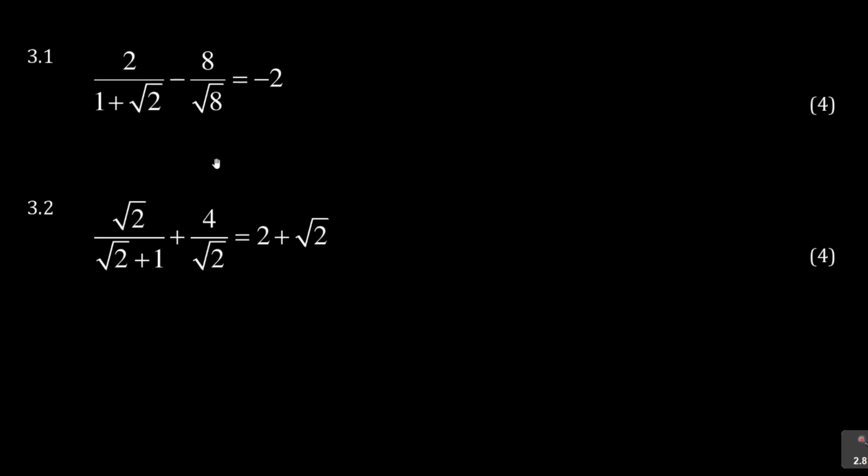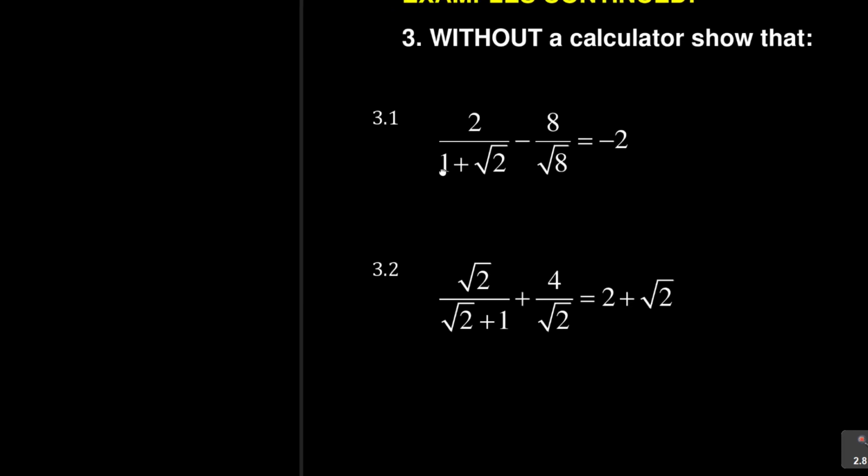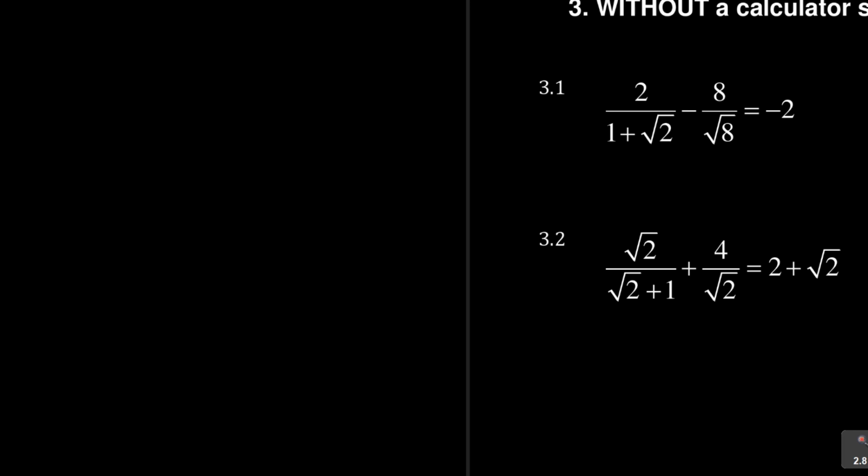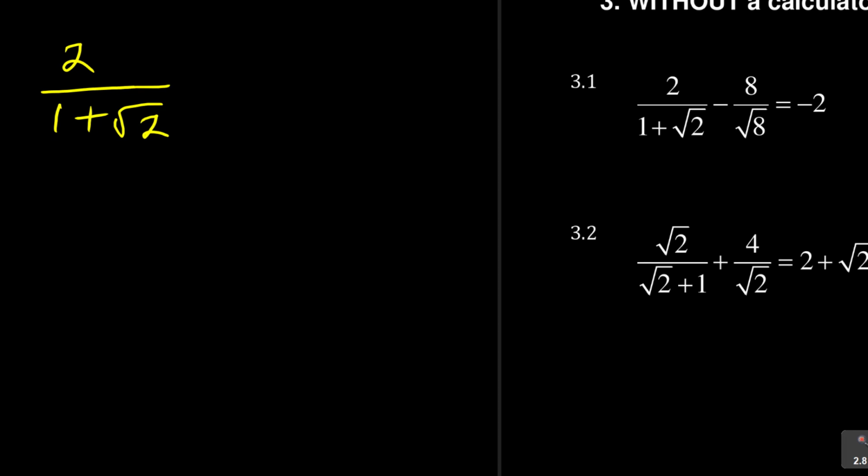So, for example, number 3 here is 4 marks. If I'm given this question, 2 over 1 plus square root of 2, minus 8 over square root of 8, and I must show that it is equal to negative 2.